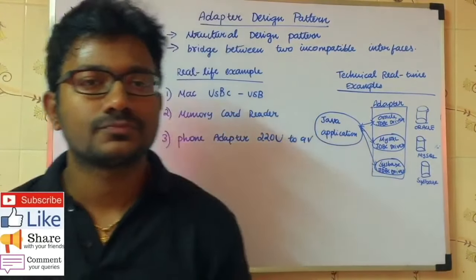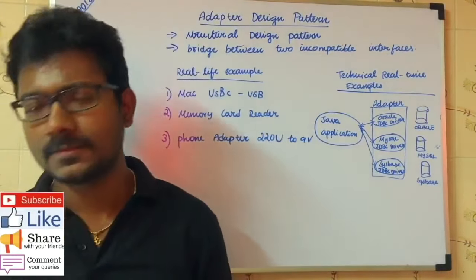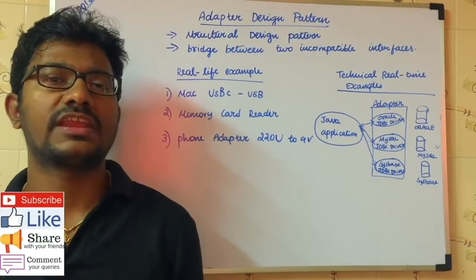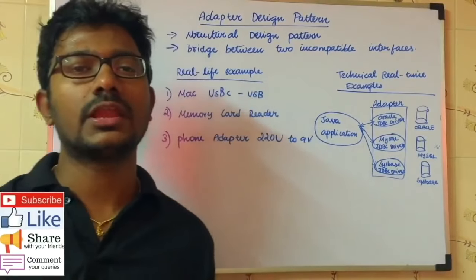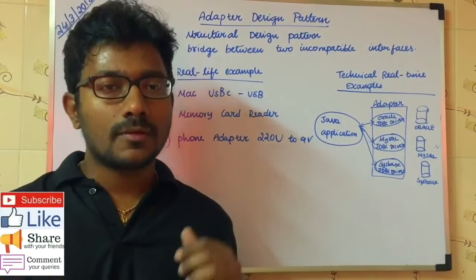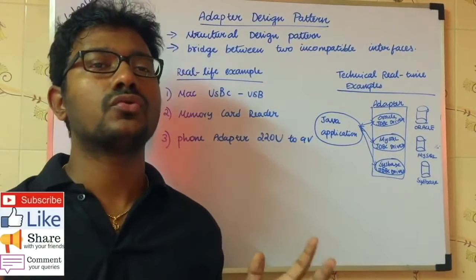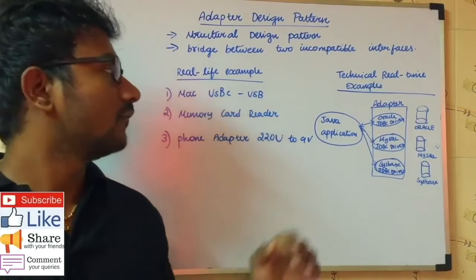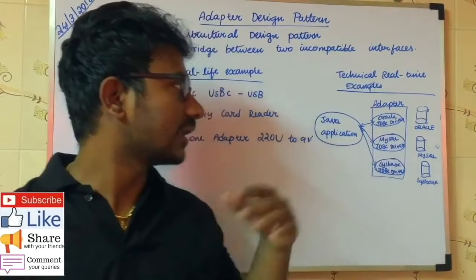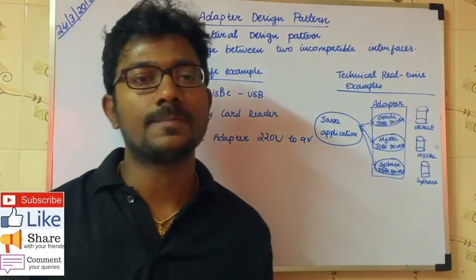Suppose you are writing a Java application and that Java application needs to connect with a database. The people who write in Java are not aware of the database behind it. For example, it can be Oracle or MySQL or Sybase.